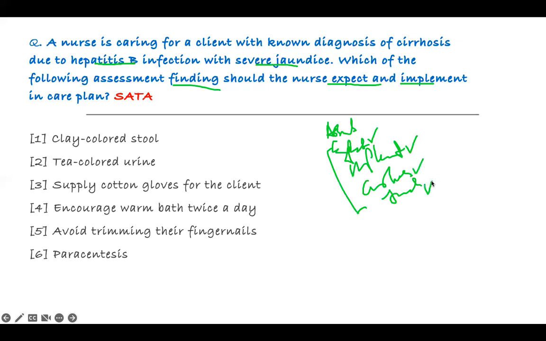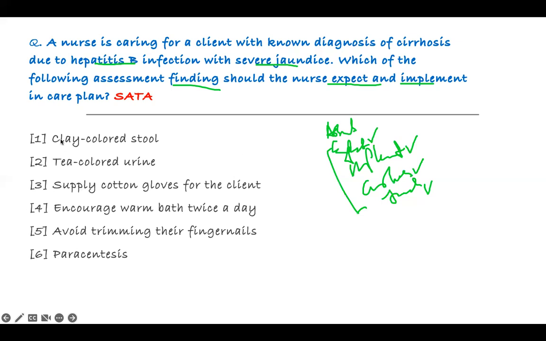Those are my four words. You see, all you care about are these words. Don't forget about the question over there. Hepatitis B infection, I don't care about it. I care about expected finding, implement, cirrhosis, and jaundice.